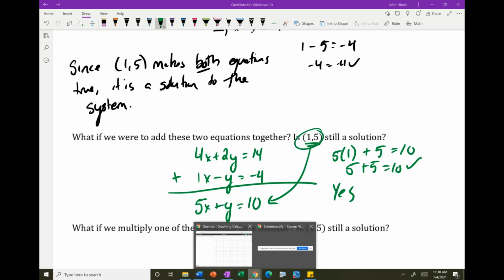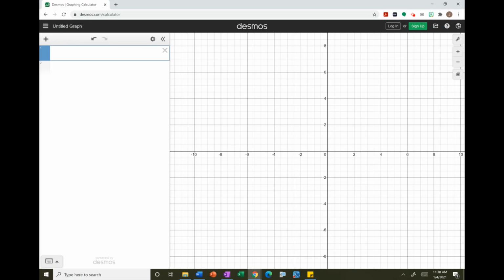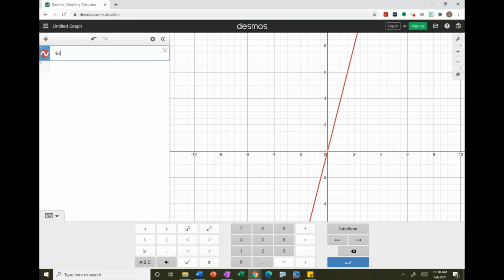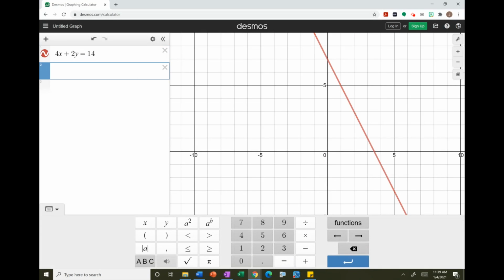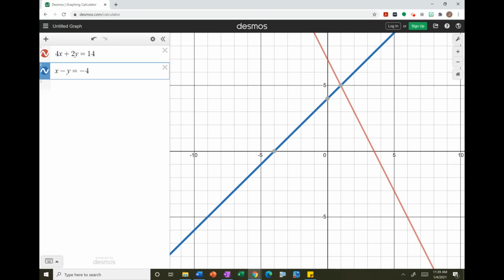So if I was to graph these two equations here, so I had 4x plus 2y equals 14. Let me go on projector mode for a second. So there's my first equation, and my second equation was x minus y equals negative 4. We'll notice that the solution to the system, the point of intersection of those two linear functions there, is (1, 5), which we expected.